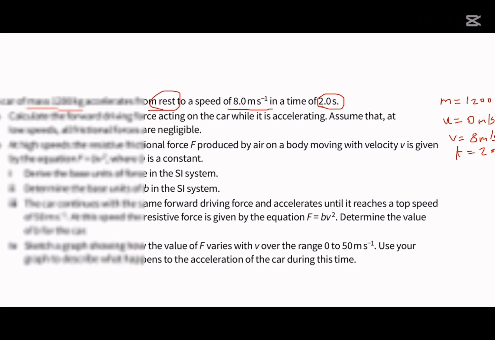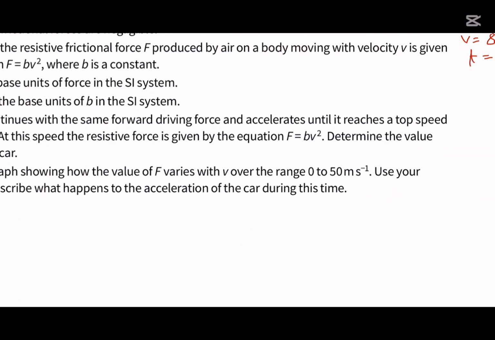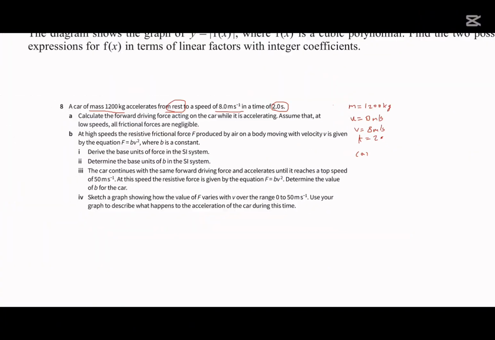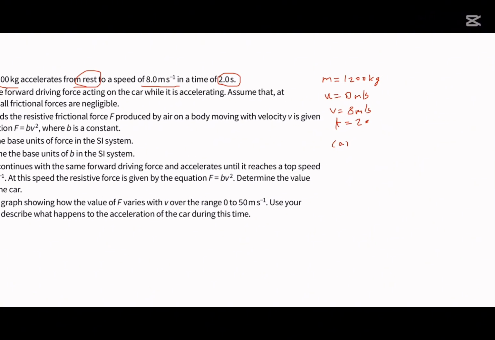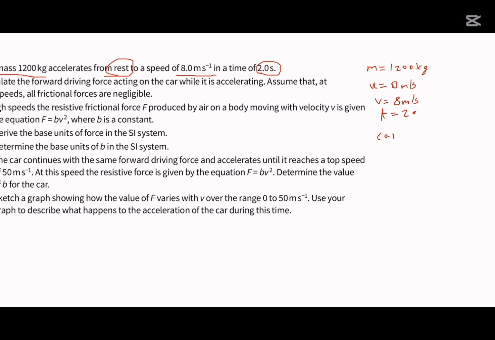Let's go to question A. Calculate the forward driving force acting on the car while it is accelerating. Assume that at low speeds all friction forces are negligible. So I have to calculate the acceleration and the force.